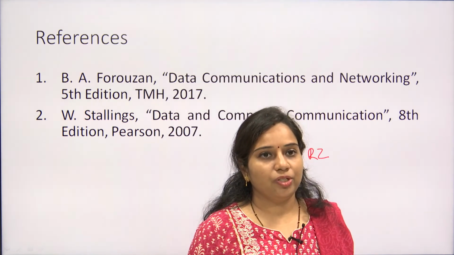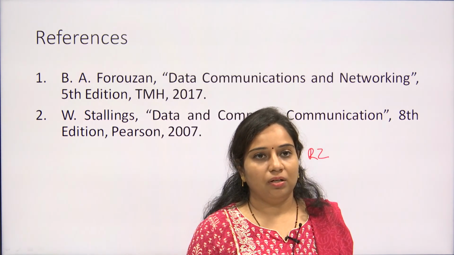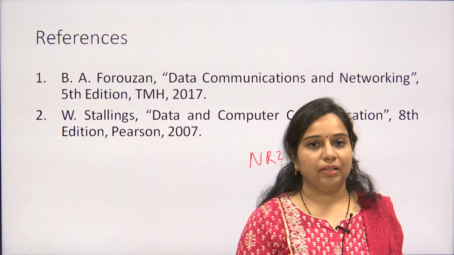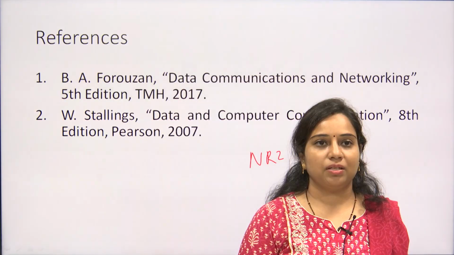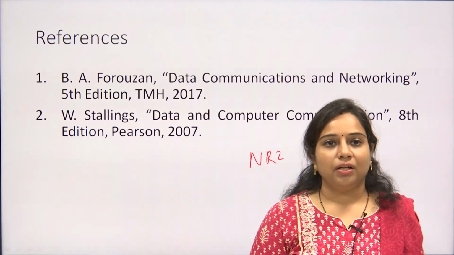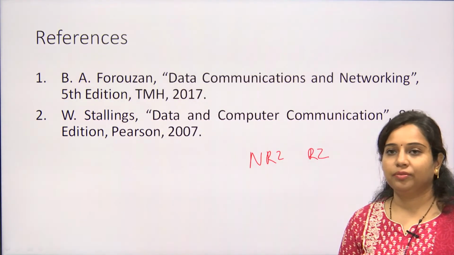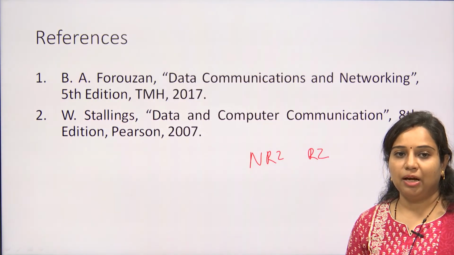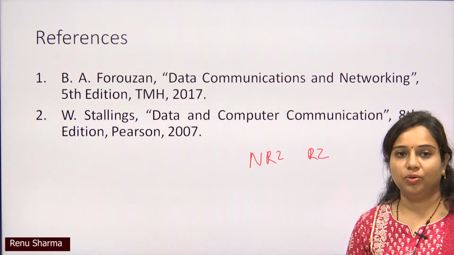For the other half, from TB by 2 to TB, the data will be 0 volt. Next, we have seen the polar signaling, which is also of 2 types, NRZ and RZ. Thirdly, we have seen the third type of line coding, that is bipolar, which considers 3 different amplitudes, that is plus V, 0 and minus V.